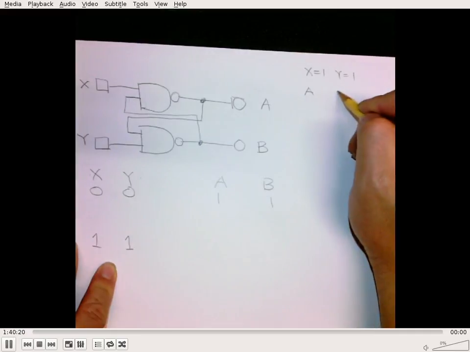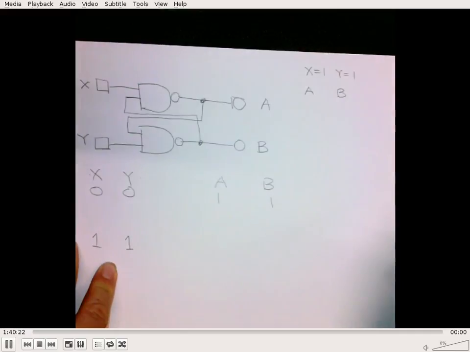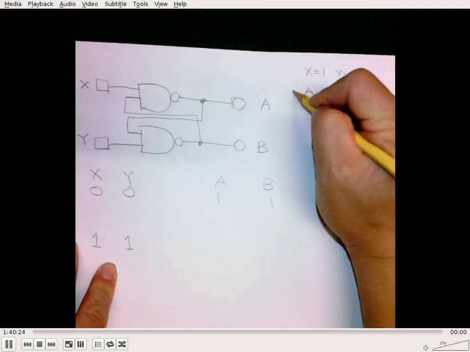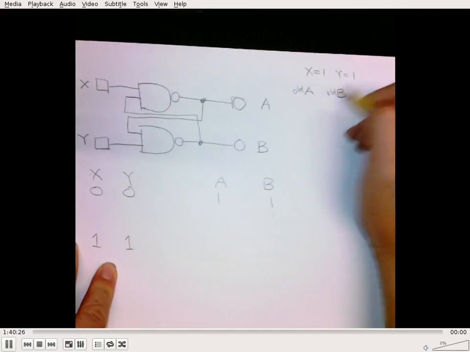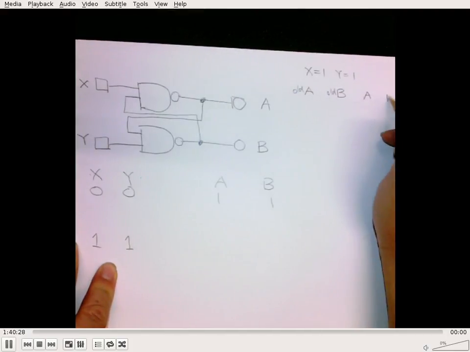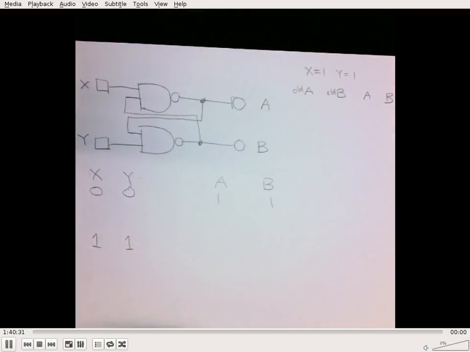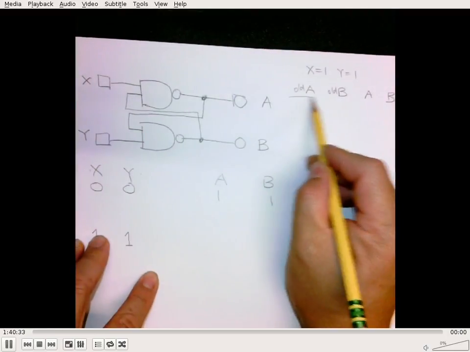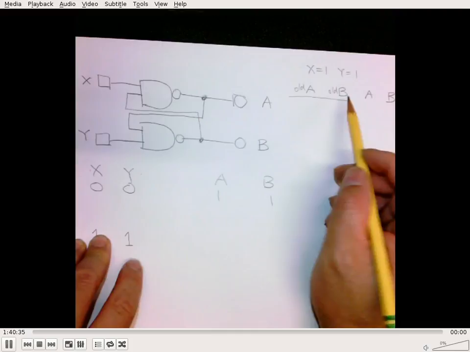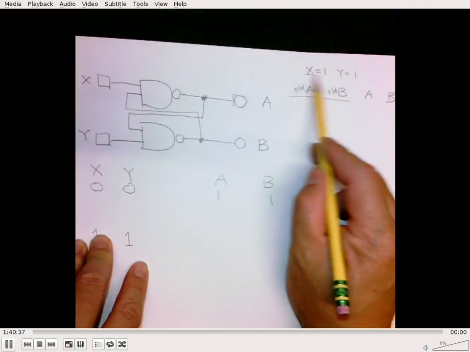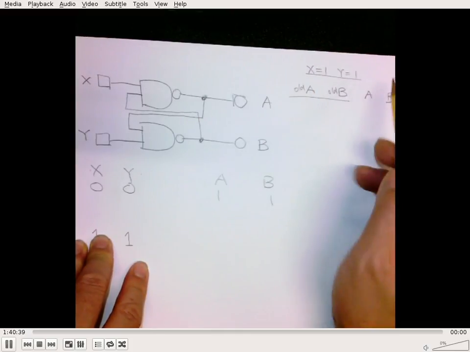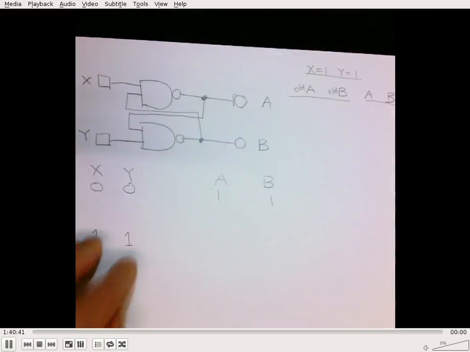We'll use old A, old B here, and the current A and current B over here. In other words, old A and old B represent the states of A and B prior to X and Y becoming 1s, and current A and B are after X and Y becoming 1s. Is that okay?